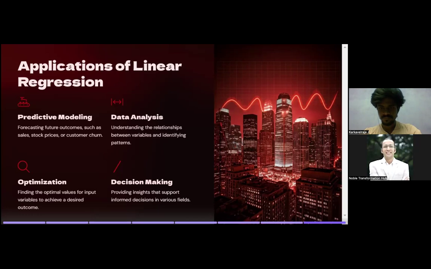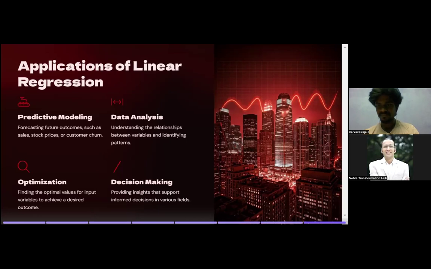So optimization, finding the optimal value for input variable to achieve the desired output, guys. What is the optimal value? And guys, this year the optimal value for your model might be X, next year it might be X1. So it also changes.